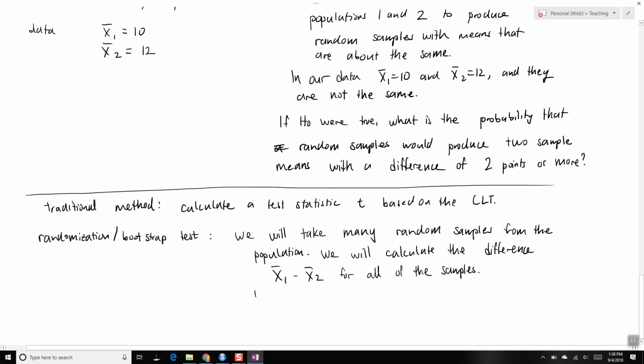I'm going to call this D. We'll calculate the difference D equal to x bar 1 minus x bar 2, and we'll see how many of the D's have a difference greater than 2.